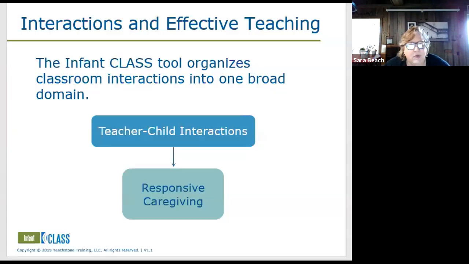So the overview, the way the class is laid out is that we have one broad domain called teacher-child interactions, responsive caregiving. There's only one domain at this infant level, whereas the other tools have 2 or 3 different domains that we look at. But with infants, it's all about being responsive. So that makes it somewhat simple.